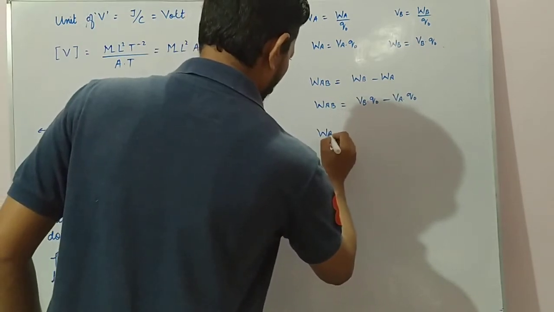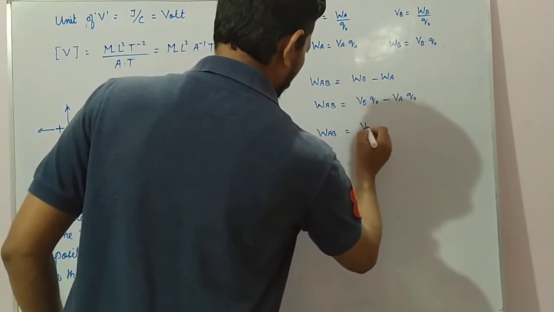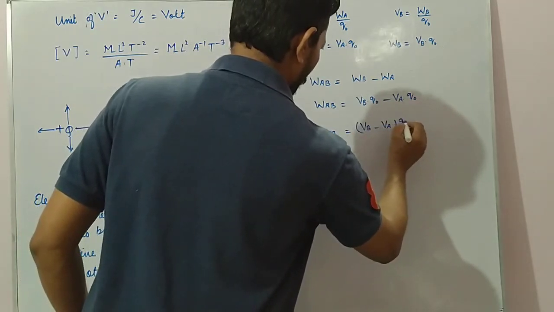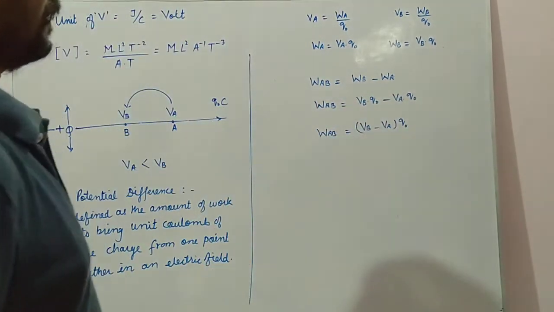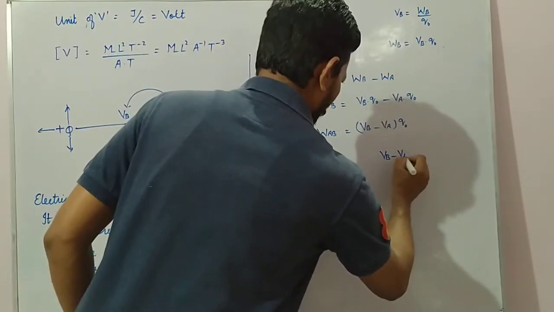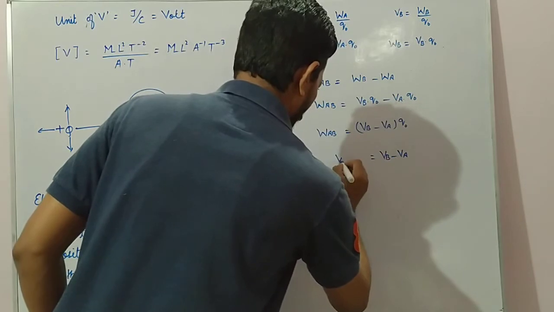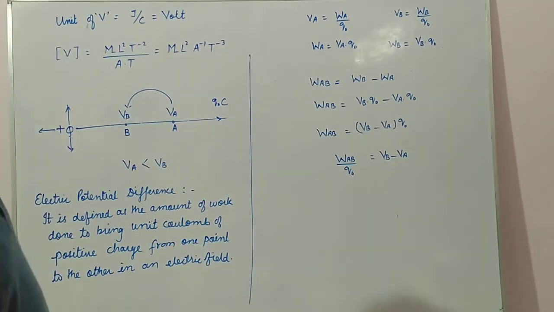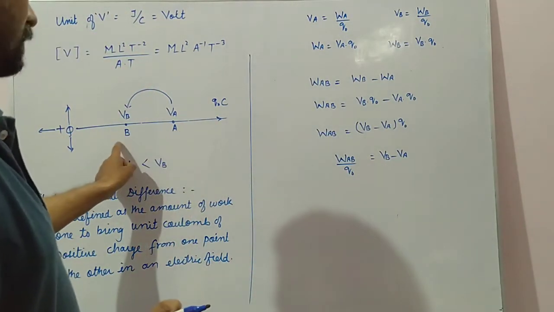Work done from A to B, that is VB minus VA into Q naught. So VB minus VA, that is equal to WAB by Q naught.